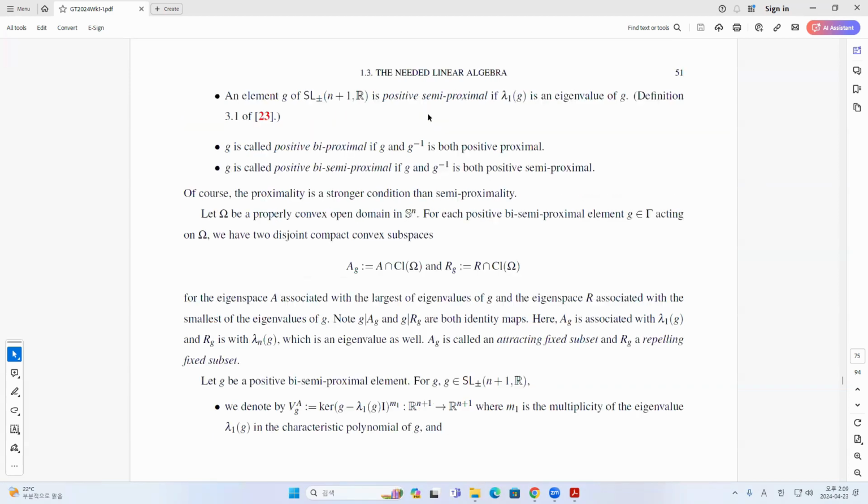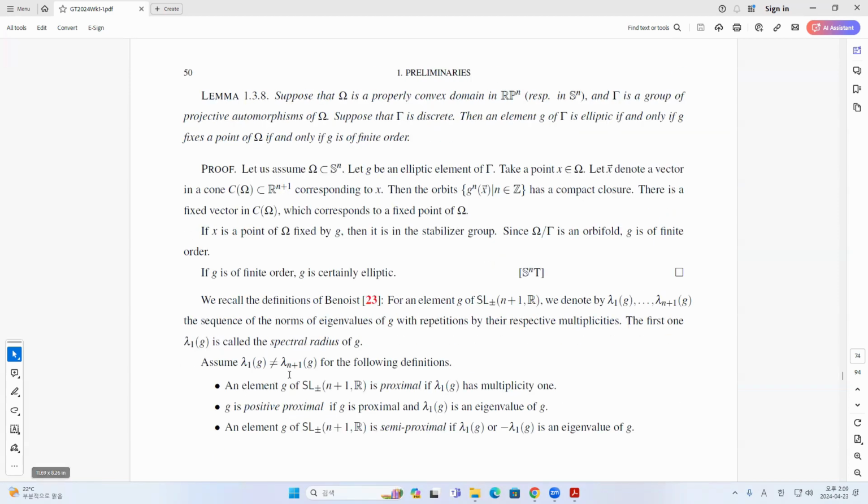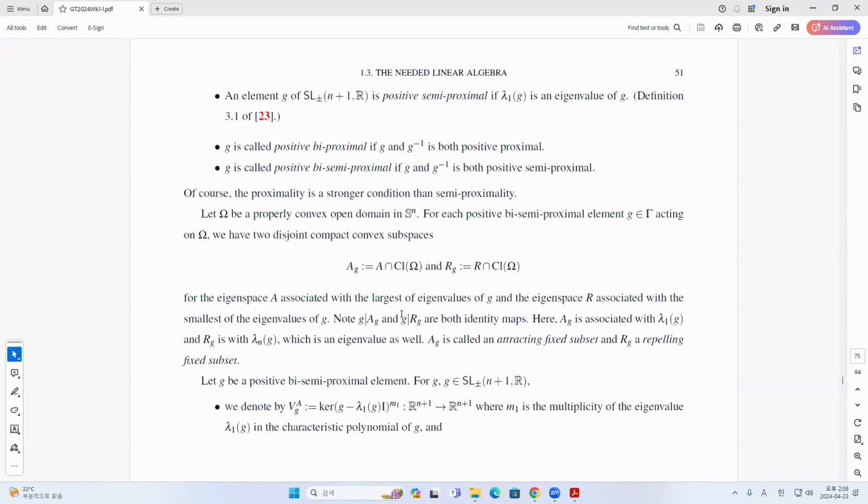Of course, Benoist doesn't assume this, but we do. It is positive bi-semi-proximal if g and g inverse are both positive semi-proximal. Of course, proximality is a stronger condition than semi-proximality.